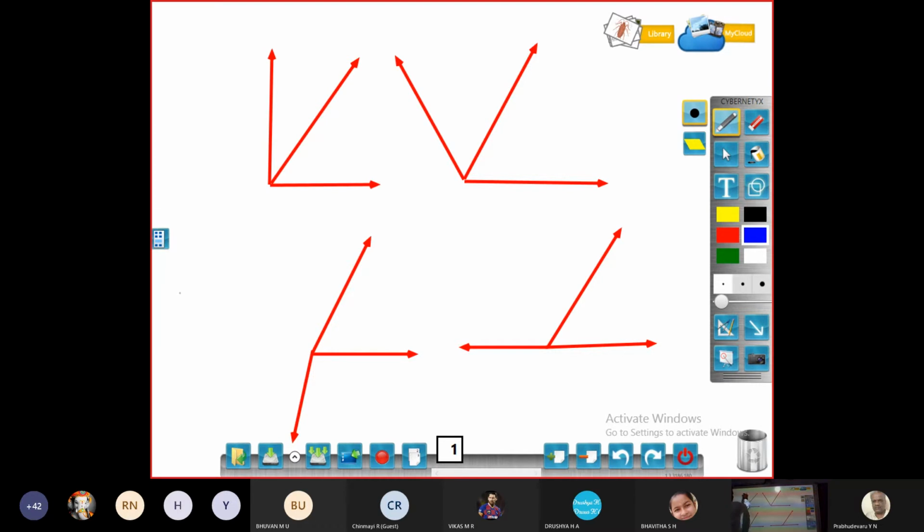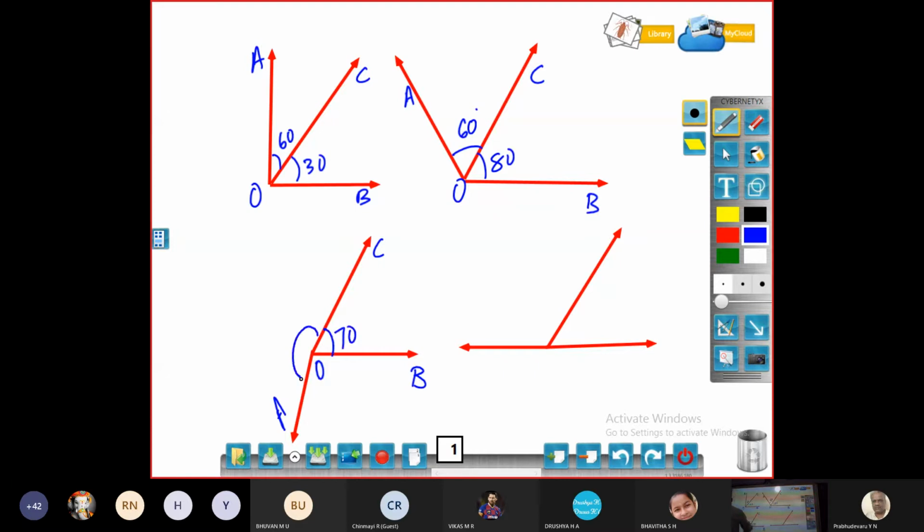I take this as A, O, and then C. This is B. The angles are 30 degrees and 60 degrees. In the second diagram, I take A, O, C, and then B. Let us take this as 80 degrees and this as 60 degrees. In the third diagram, A, O, C, and then B. This is 70 degrees.